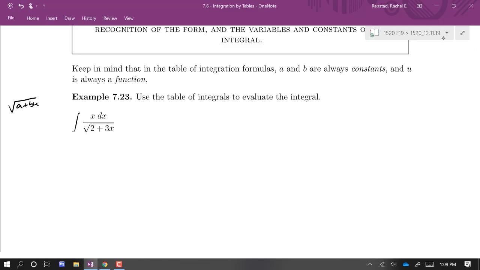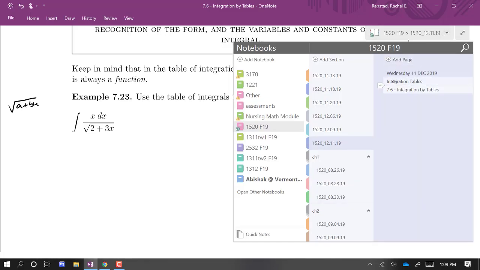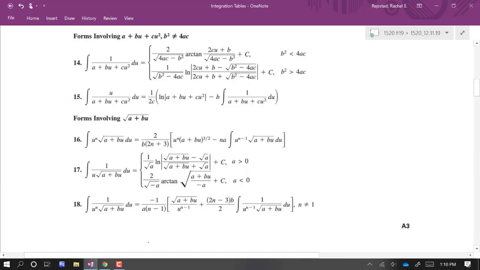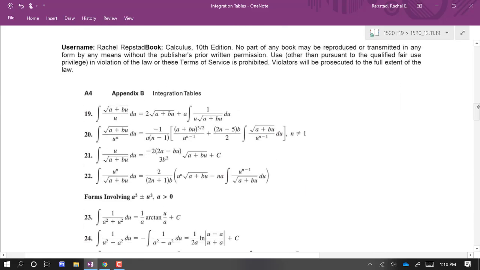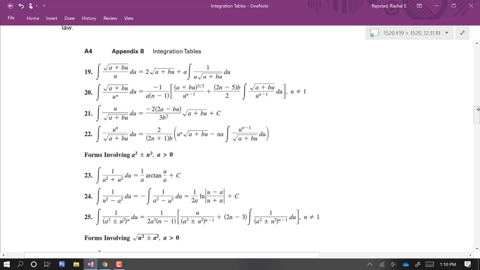It looks like that section of formulas starts with number 16, though I don't think number 16 fits. How about 21?